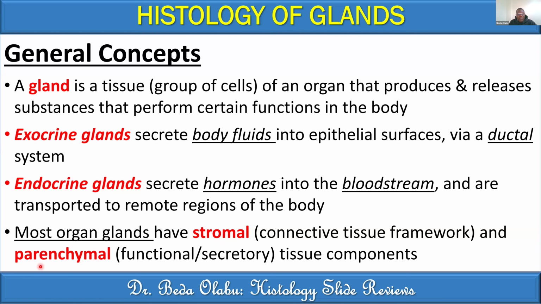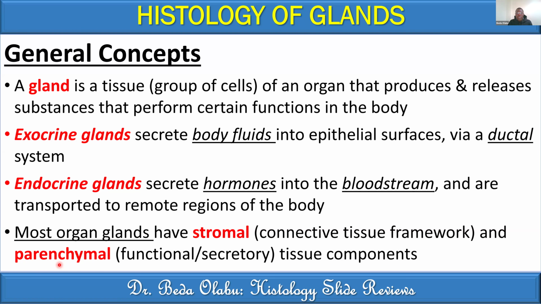Yet, we then have the parenchymal component, which refers to the functional component. If you're talking about a gland, then this is the secretory component. For exocrine glands, this parenchymal component will consist of the secretory units and the ductal units of that particular organ or gland.